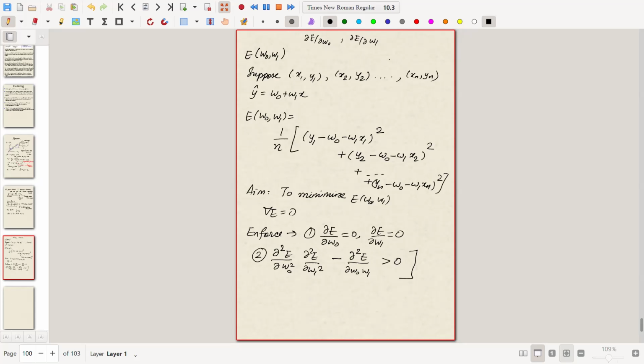Then we say that at that particular point, E is minimum. All right. So now our first step will be to put dou E by dou W0 equal to 0 and get a condition.